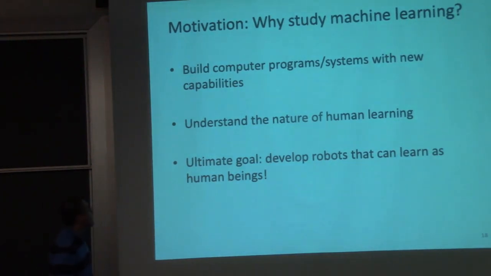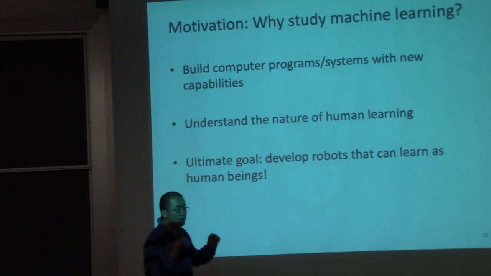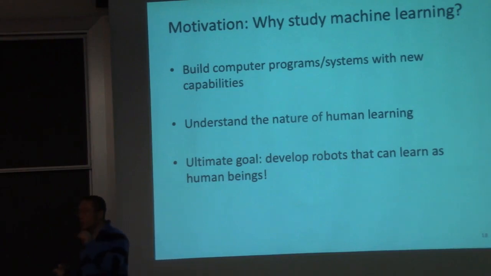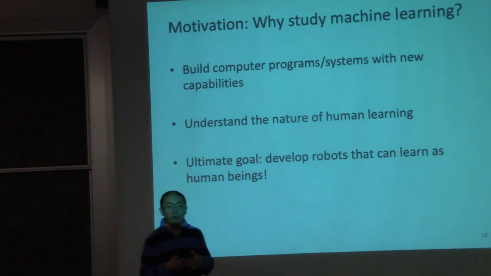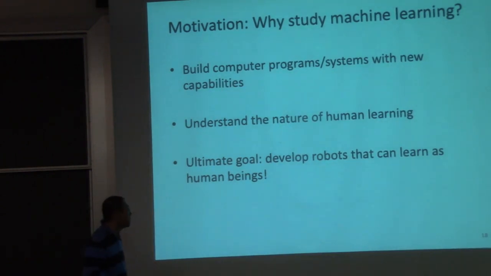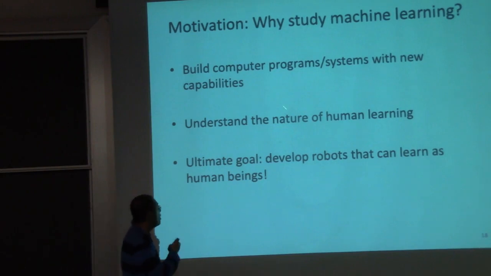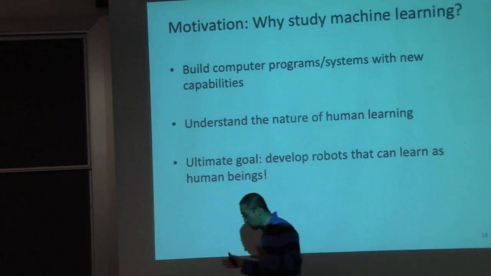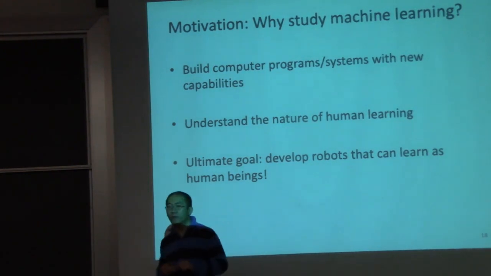The immediate benefit is that we can build computer programs or systems with new capabilities without programming tedious and complex, or even impossible, instructions. We can free our labor to do more creative things. The more ambitious goal is to understand the nature of human learning. Although machine learning is quite powerful, it is still far from human learning.